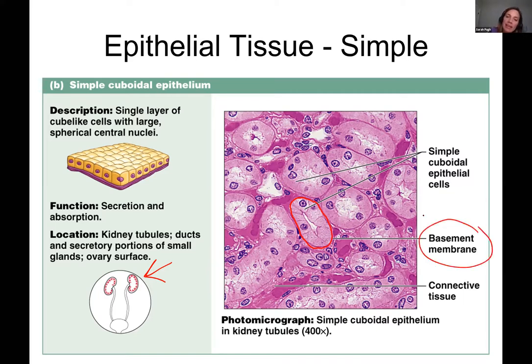And then in white, right in the middle, I'm going to write an L. That white in the middle, we call it a lumen. That's the opening, and so that would be the apical surface of those cells. You can see all those cells are very cube-shaped, and you can see the nuclei in there. So this is simple cuboidal epithelial tissue.